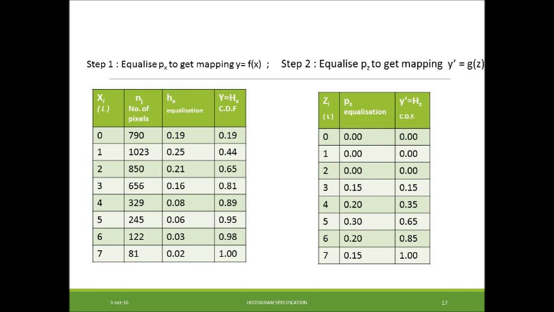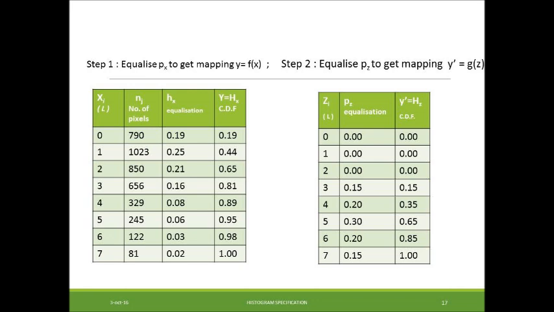Now, the third column is the equalization. Equalization values are computed by dividing each of the nj values by the total number of pixels. That is, dividing the number of pixels corresponding to each intensity value by the total number of pixels in that image. This constitutes the PDF of the image.